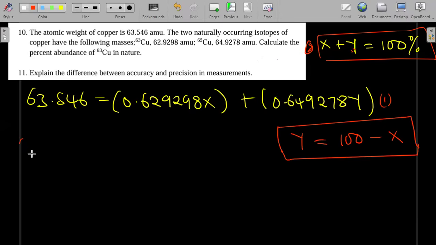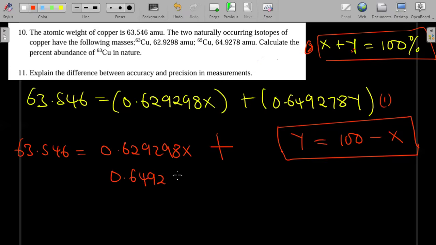So this becomes 63.546 equals 0.629298X plus 0.649278, and where there's Y, I'm putting 100 minus X. I hope you've seen what I've done there.